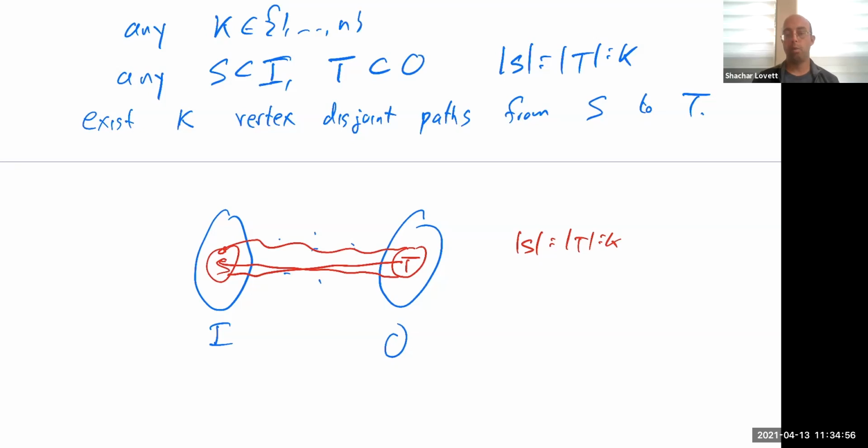When we specify the sets S and T, we don't specify their order, so I might connect the first node in S to the third node in T, and the second node in S to the fifth node in T, and so on. But I want to connect all the nodes in S to all the nodes in T by k vertex disjoint paths.